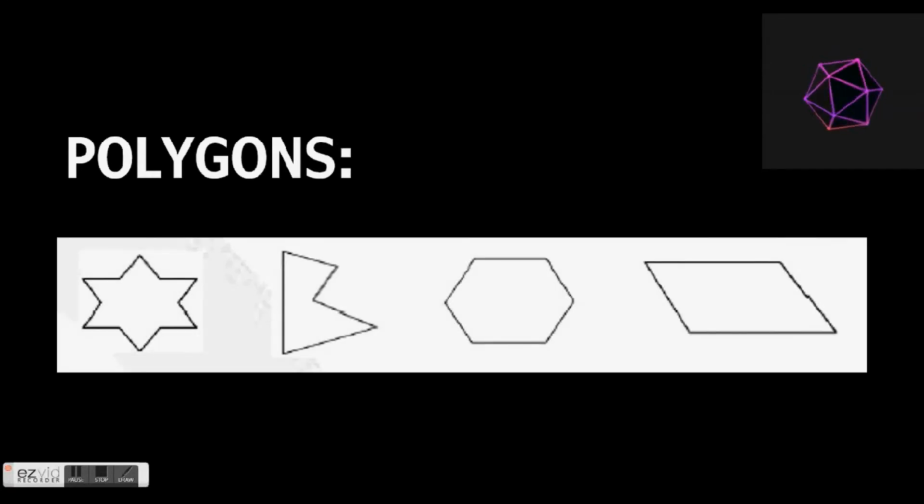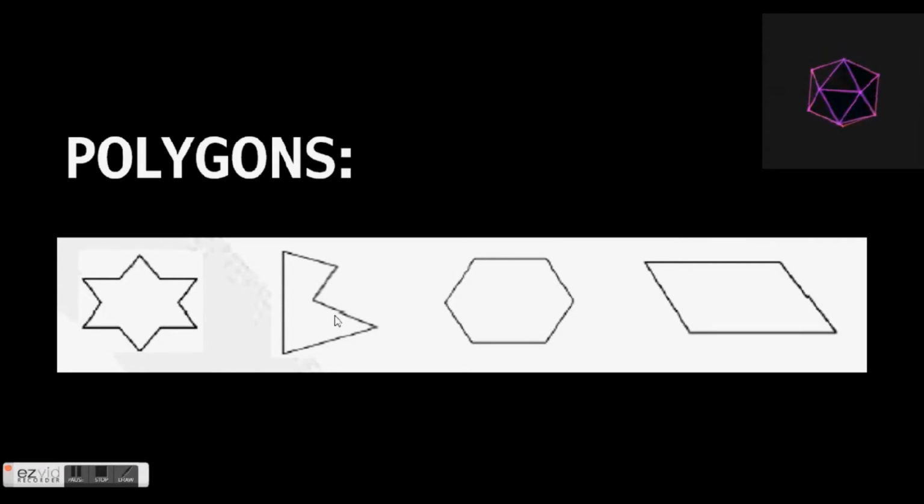Now, we have here illustrations of polygons. So, all these are examples of polygons. So, kung i-describe natin sila, based on our observation, in general, lahat sila ay mga closed figures, diba?